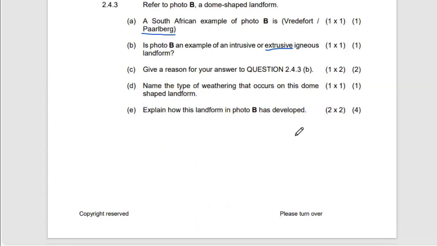Initially, the landform formed from underground. In most instances, for those ones to be exposed, like the granite domes, they start as intrusive features which are exposed because of erosional processes. So what usually happens is, with such landforms, they are exposed to the surface because of cycles of erosion. So we justify the fact that it's exposed now, exposed to the surface.